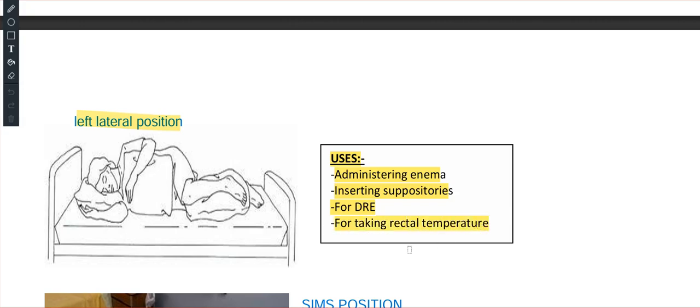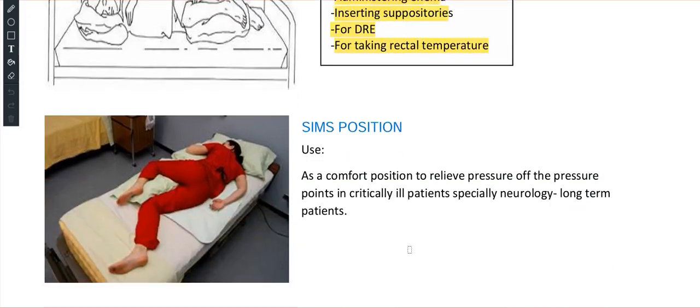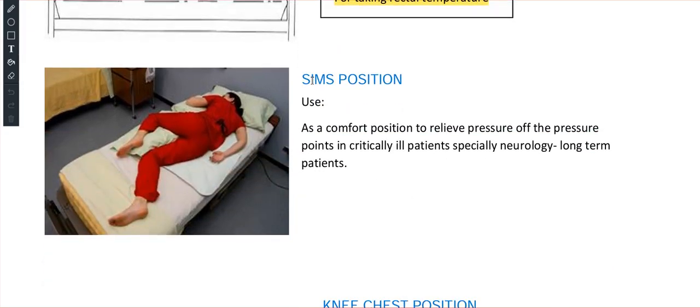Now, Sims position. It's used as a comfortable position in long-term bedridden patients, critically ill patients, or neurology patients, which are long-term patients, right? In this scenario, just see, the arms rest on a pillow, the legs are resting on a pillow, and the head too.